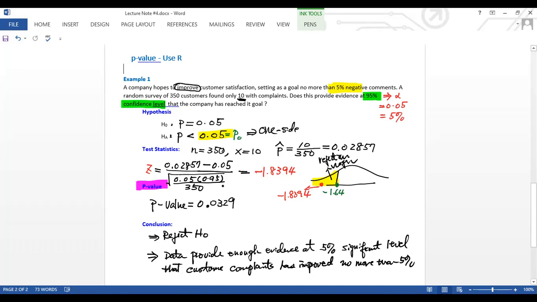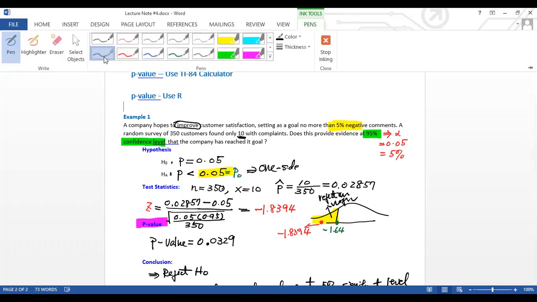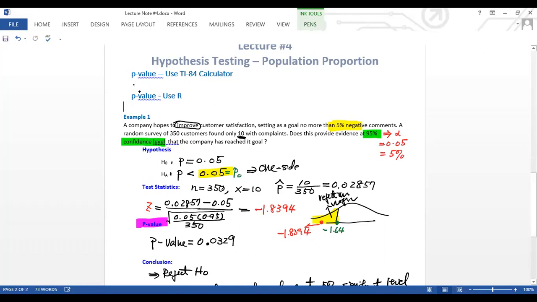So let's make a note here. When you use the TI calculator, what function do you need to use? You need to go to STAT, right? You push these keys here.